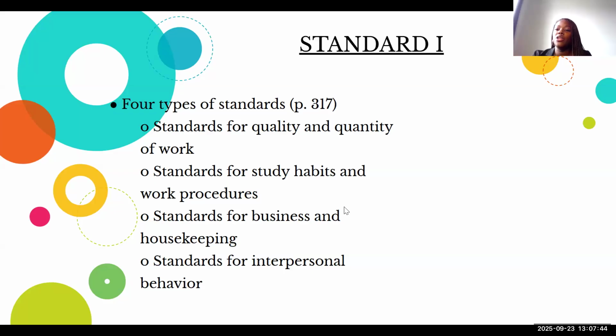Or if you're in art, you have to completely describe what the lines will look like, how many curved lines, how many straight lines. That is you sharing the standards for quality and quantity. Sometimes also in Standard 1, some teachers do a really good job explaining study habits and work procedures. These are also things that are necessary for students to be successful in your classroom. Those are all part of Standard 1.